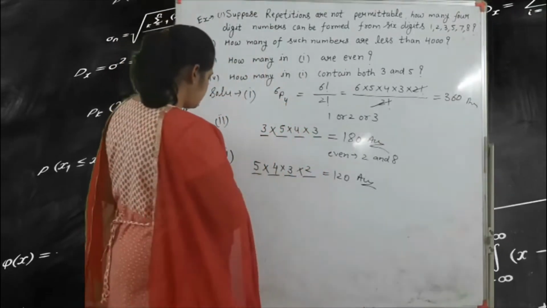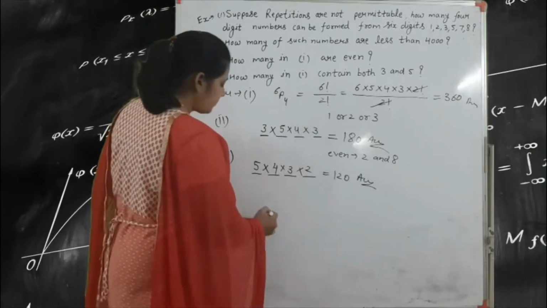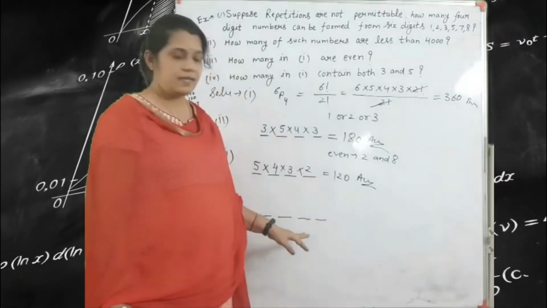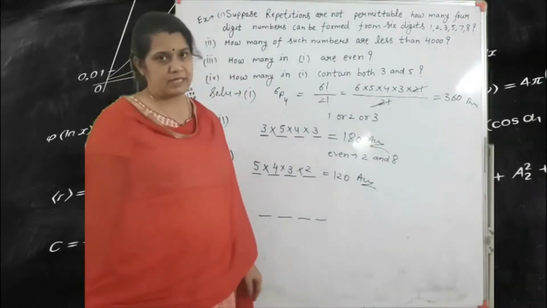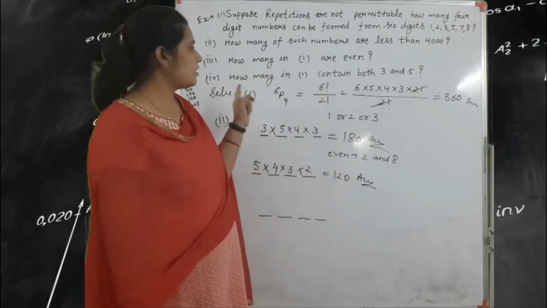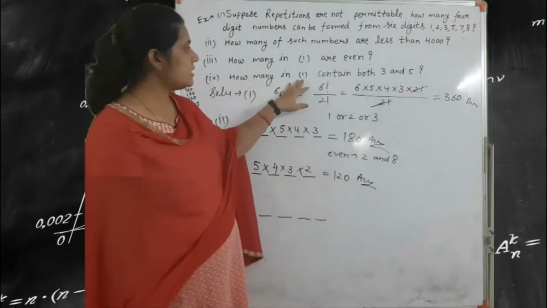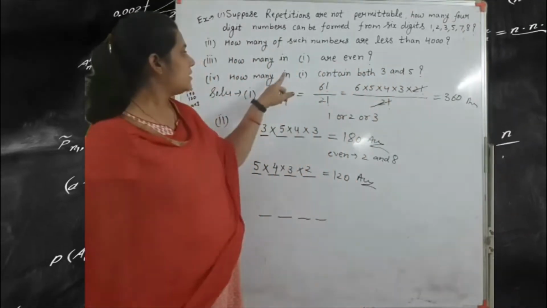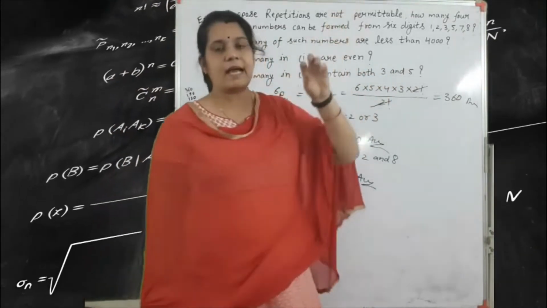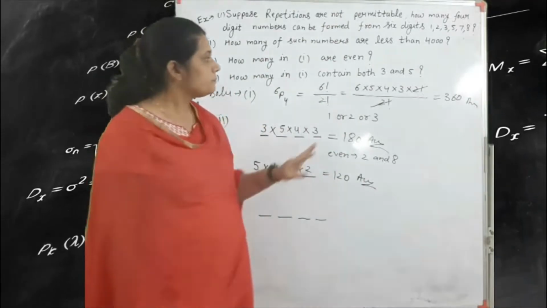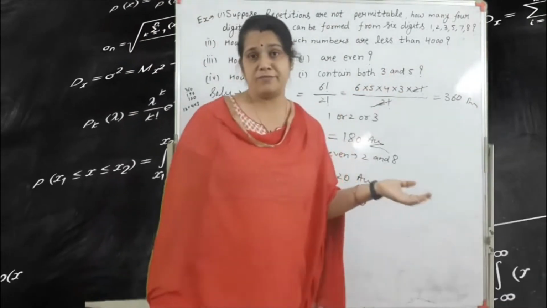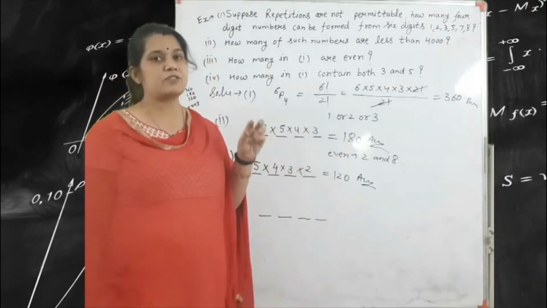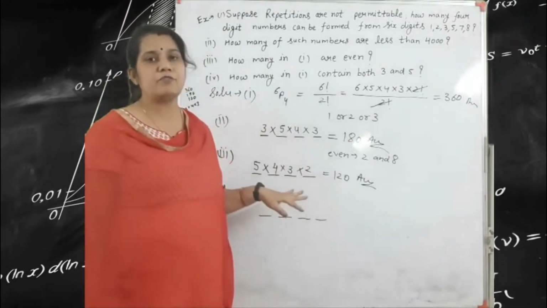So according to our fourth question, first we write here the unit place, tens place, hundreds place and thousands place. The question is how many numbers contain both 3 and 5? So here we write the 4-digit number, and 3 and 5 are always included in the 4-digit number.